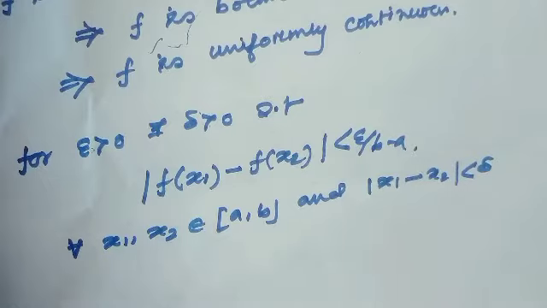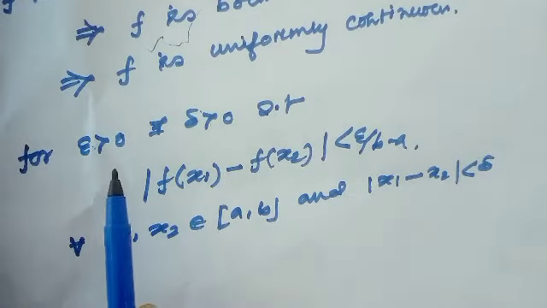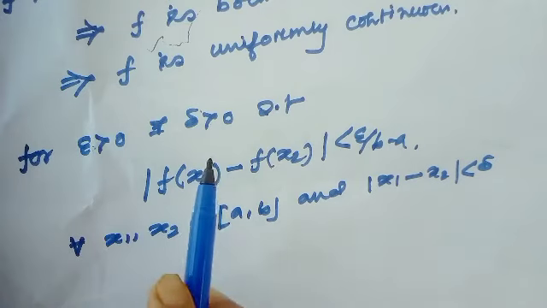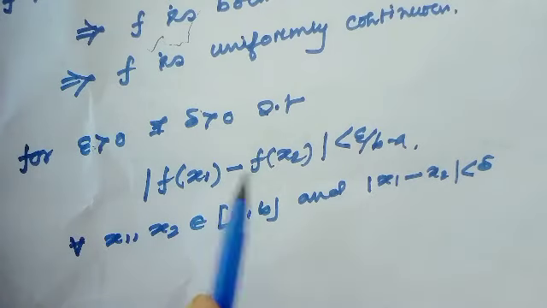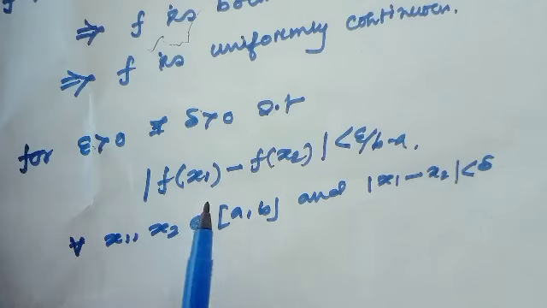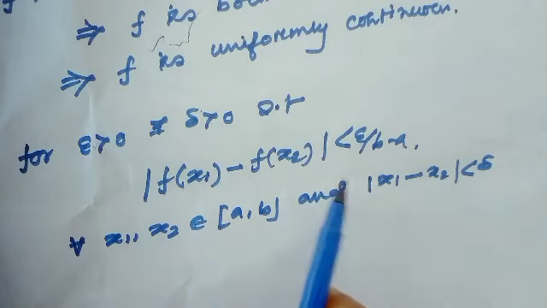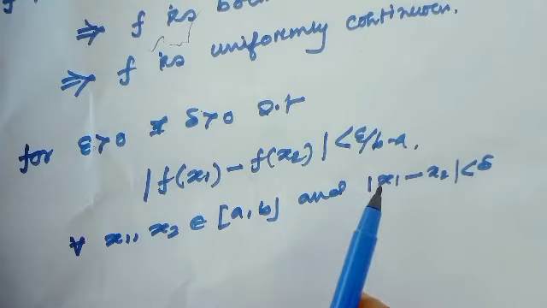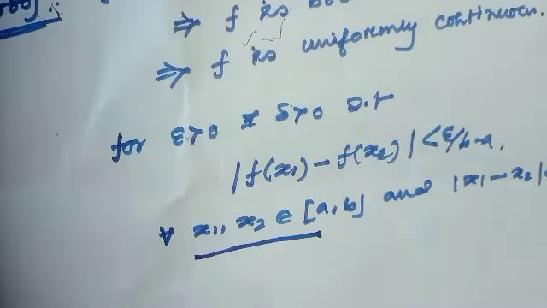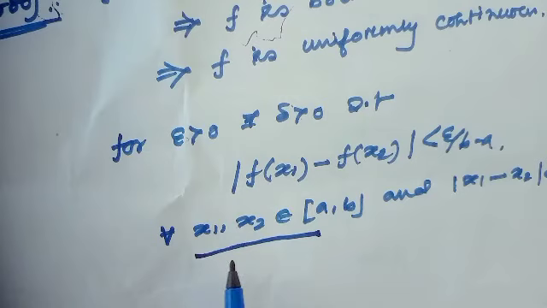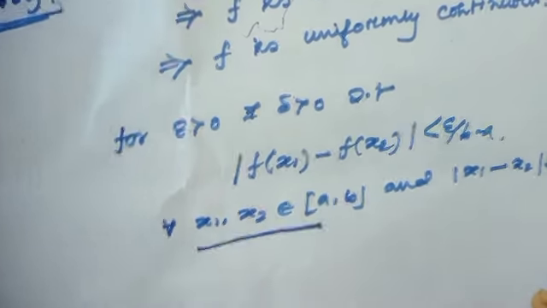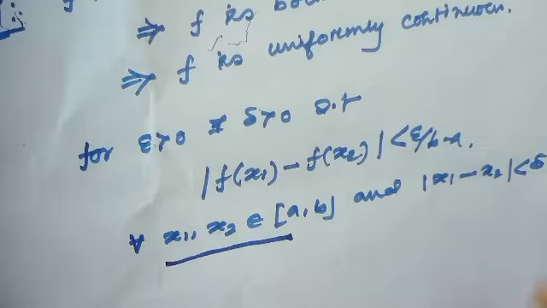Since f is uniformly continuous, for all epsilon greater than 0, there exists delta greater than 0 such that the absolute value of f(x1) minus f(x2) is strictly less than epsilon over b minus a. This is true for all x1 and x2 in closed [a,b], with absolute value of x1 minus x2 less than delta.